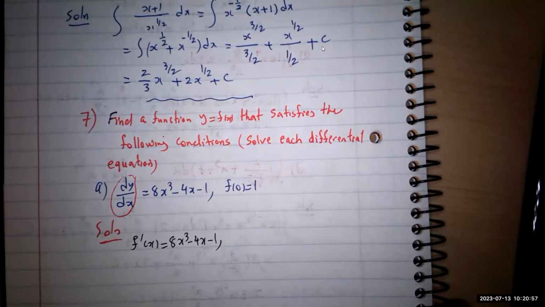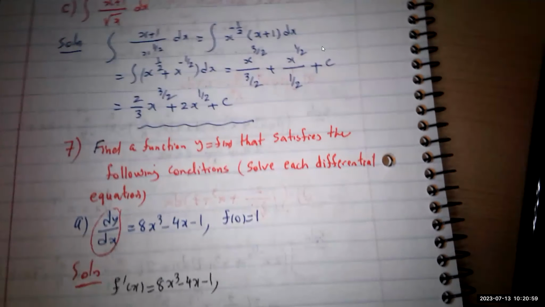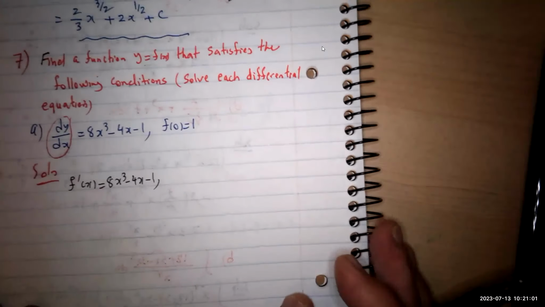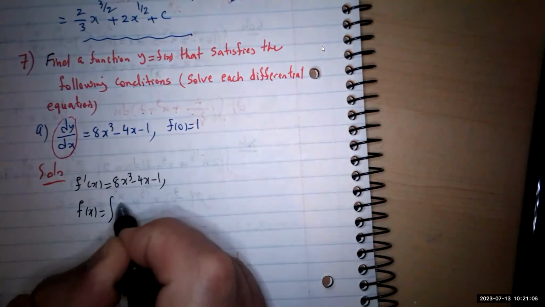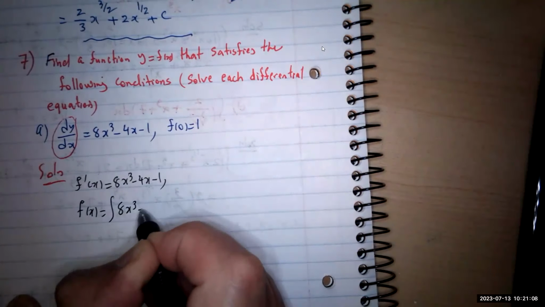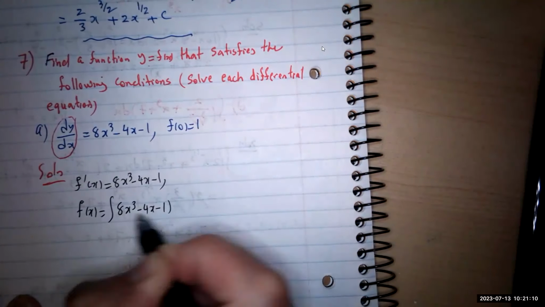You have the f prime, you want to find the f, you have to go to the past, integrate it. So by the definition, f of x would be the integral of 8x cubed minus 4x minus 1 dx. That's it.